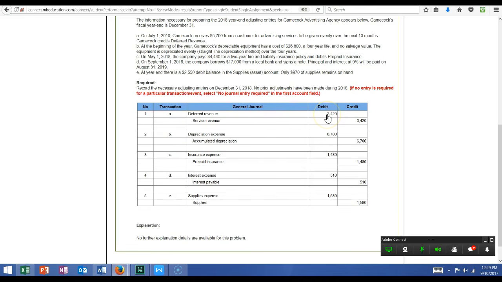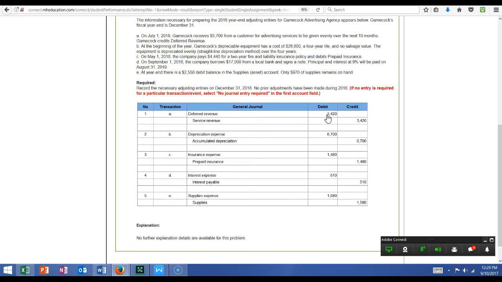$3,420. That's the amount. So basically what we're going to do is when we did this back on July 1st, we debited cash of $5,700. We credited deferred revenue of $5,700.